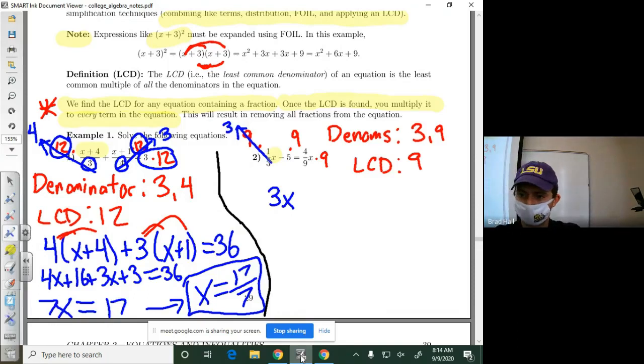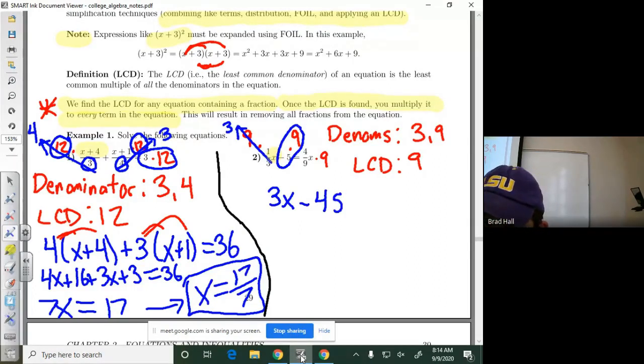The next one, we have negative 5 times 9, which is negative 45, or minus 45. And then for the final one, again, the least common denominator interacts with the denominator.